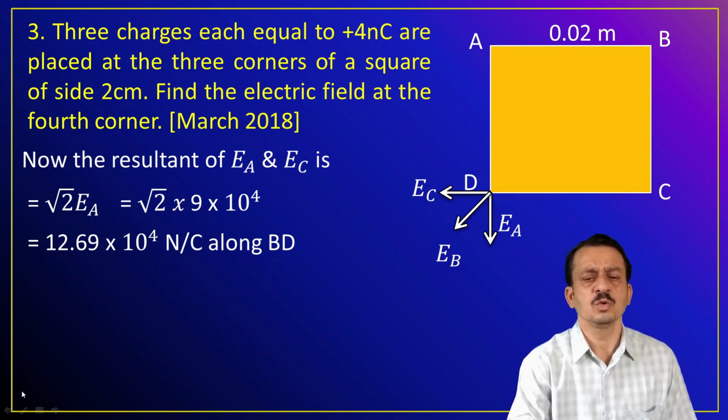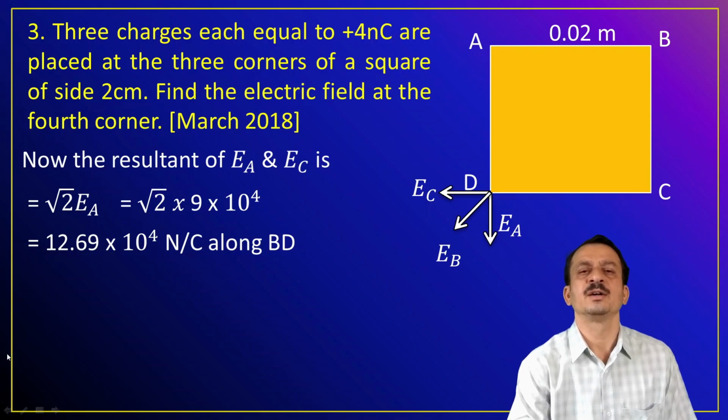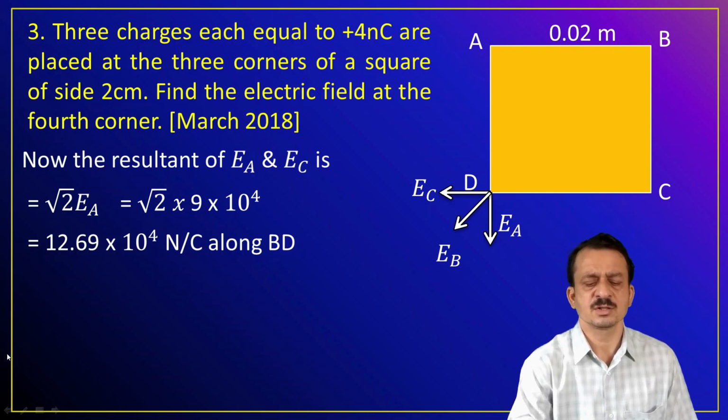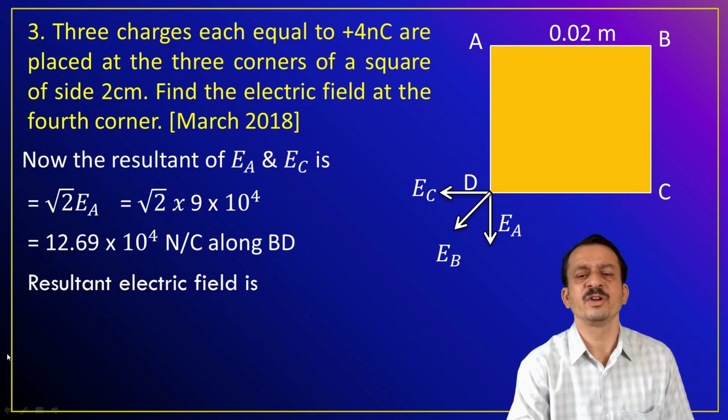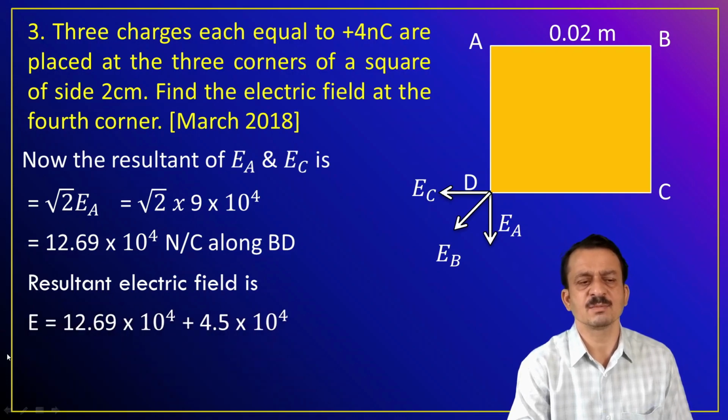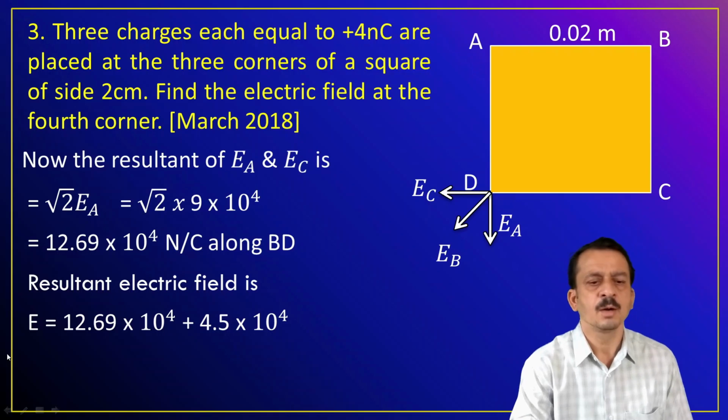Now we have got 2 fields. One is the resultant of EA and EC, and the other is the electric field due to the charge B. Now the net resultant electric field at the point D is the sum of these two, that is 12.69 into 10 to the power of 4 plus 4.5 into 10 to the power of 4.